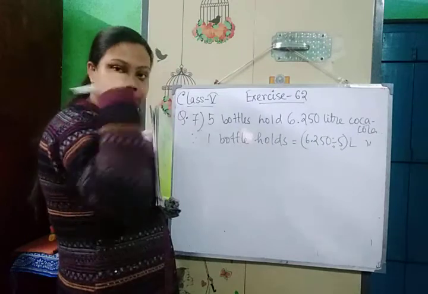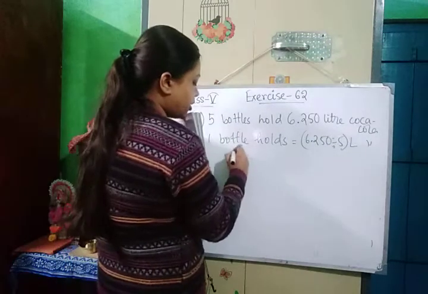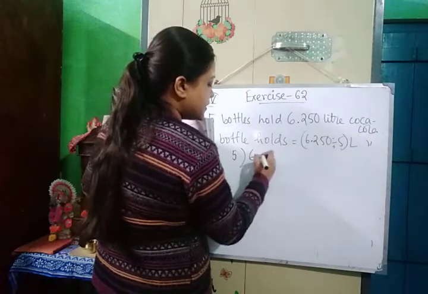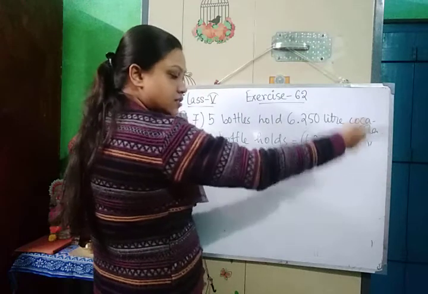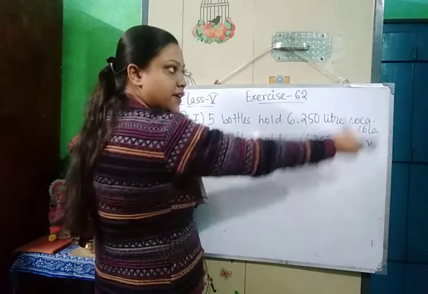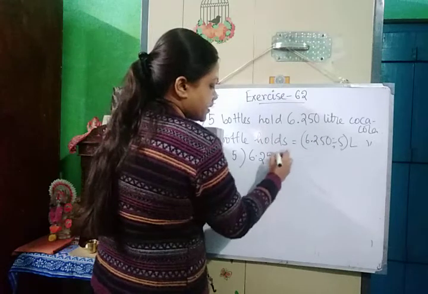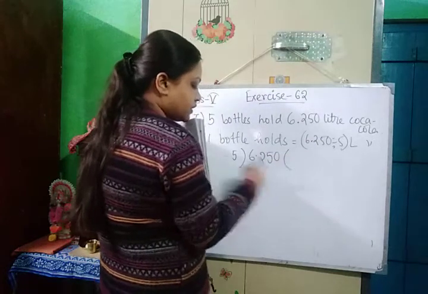So first we will divide it. You will do this division in rough on the right side of the page. 6.250 divided by 5.